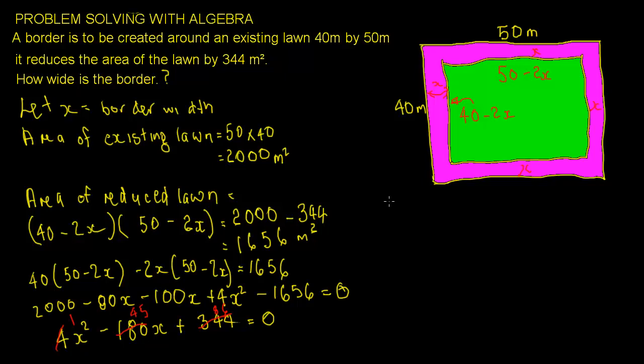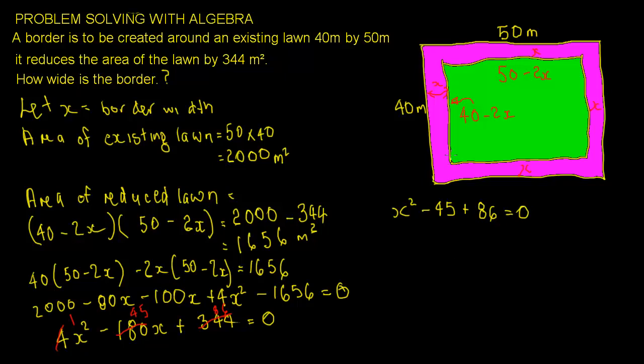So now we can rewrite our equation as x squared minus 45x plus 86 equals 0.